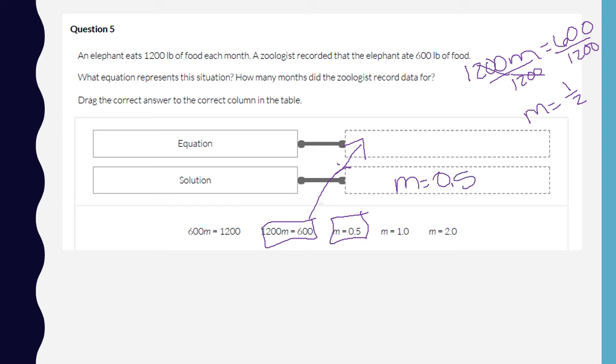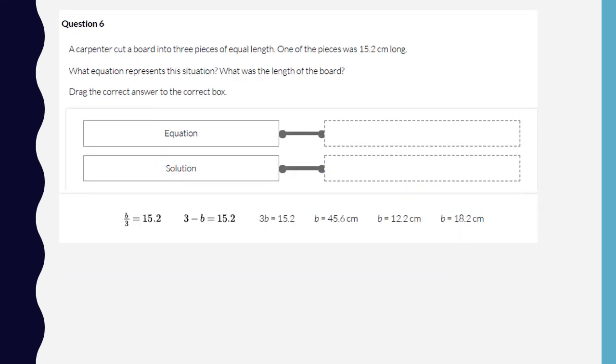A carpenter cut a board into 3 pieces of equal length. So 3 times something. Looks like we're using B for board.